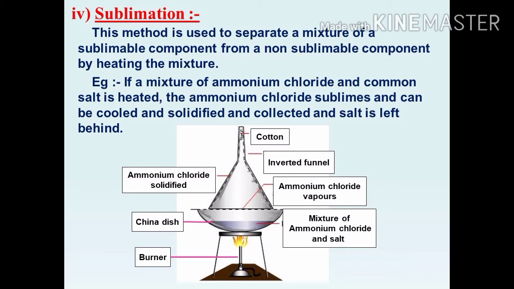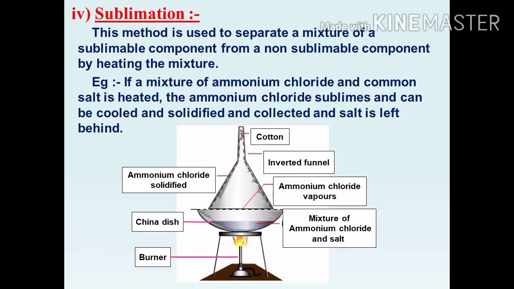Salt is left behind. See, one picture is here, ammonium chloride. Then when we heat it, it is converted into vapors. In this picture, in a China dish, we take ammonium chloride and salt, then start to heat it. The ammonium chloride sublimes. Sublime means it directly converts into gas.